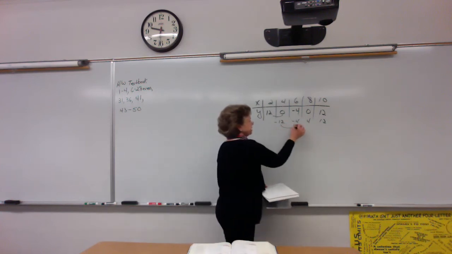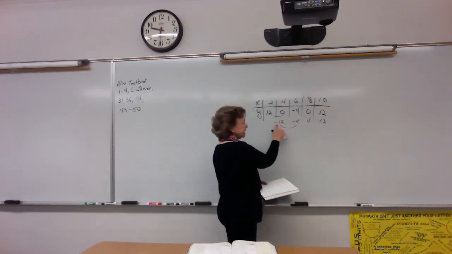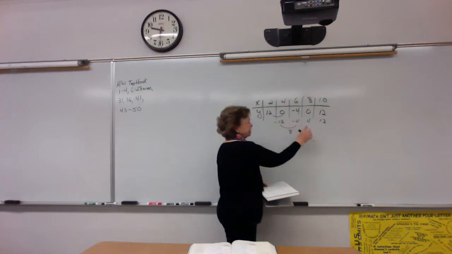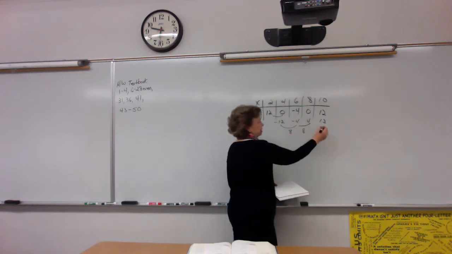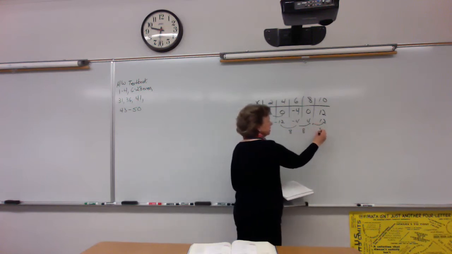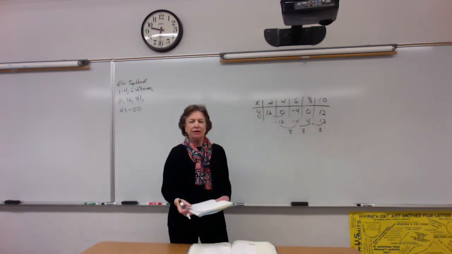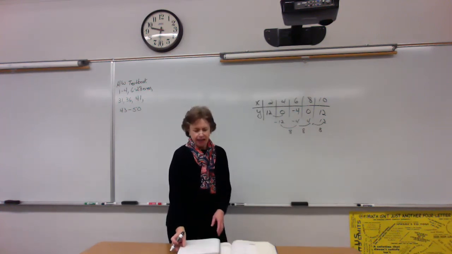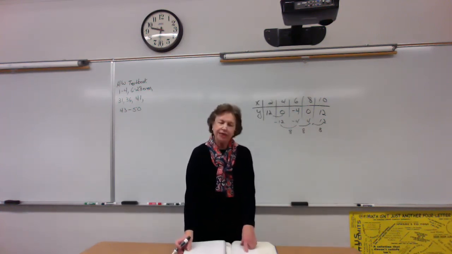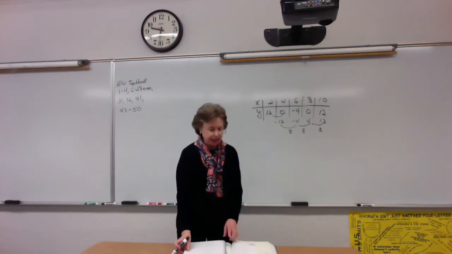Well, let's check these. -4 minus that -12 is +8. And 4 minus that -4 is +8. And 12 minus 4 is +8. So our second differences are constant. Therefore, for part A, we know that we are writing a quadratic equation.